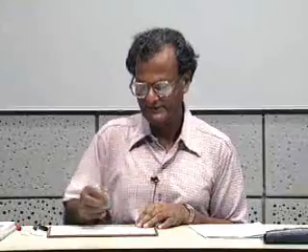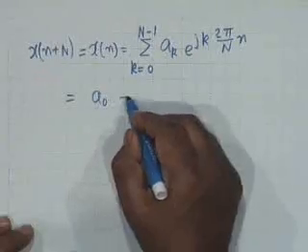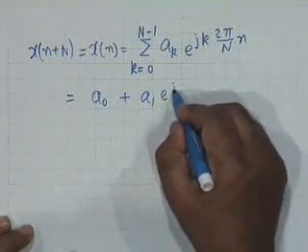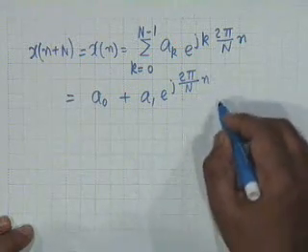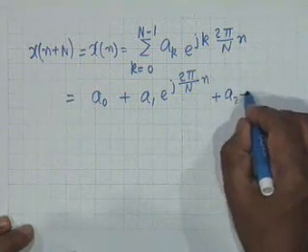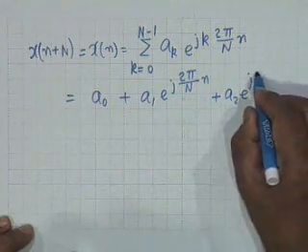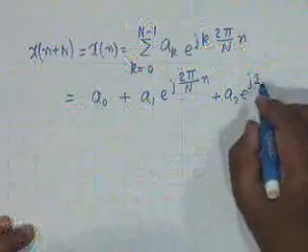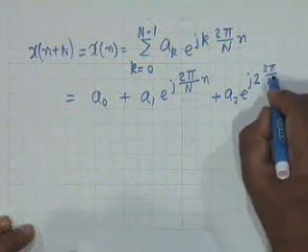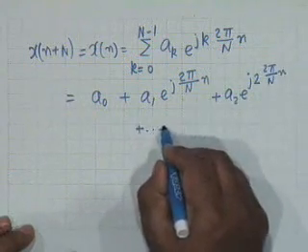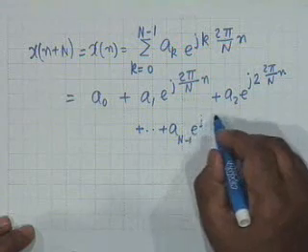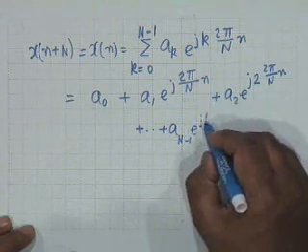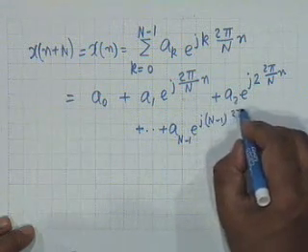I write this as a0 plus a1 e to the j 2 pi by capital N times n plus a2 e to the j 2 times 2 pi by N n, and so on up to a N minus 1 e to the j N minus 1 times 2 pi by N times n.